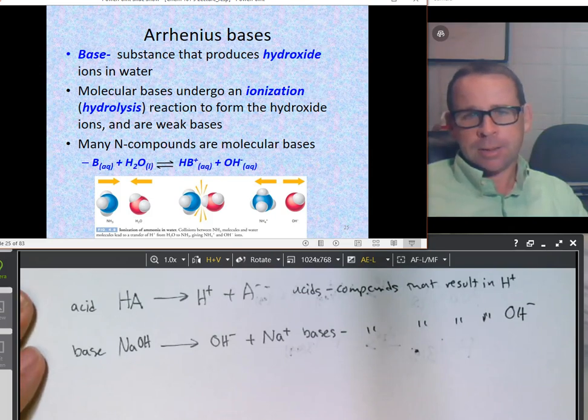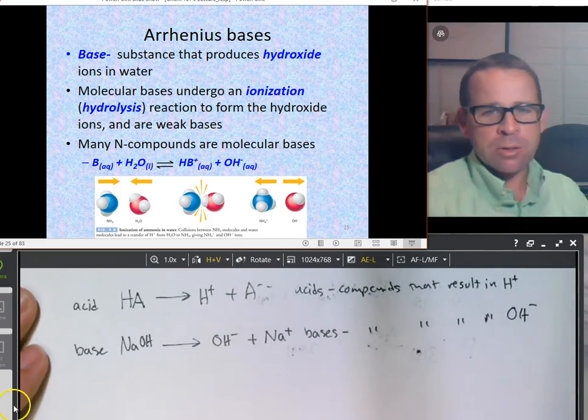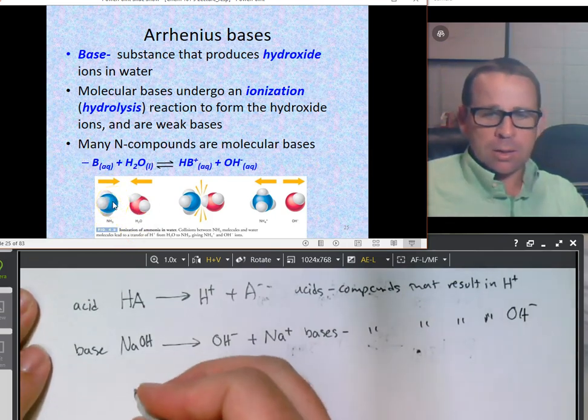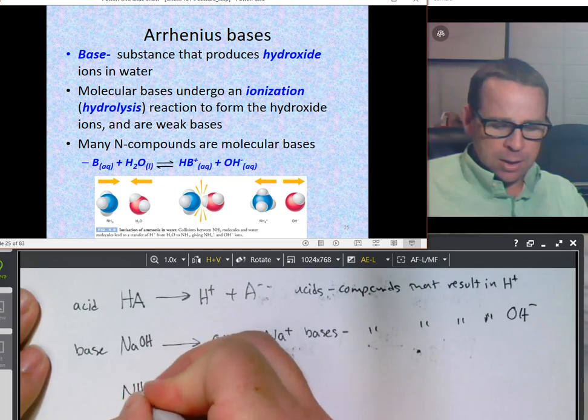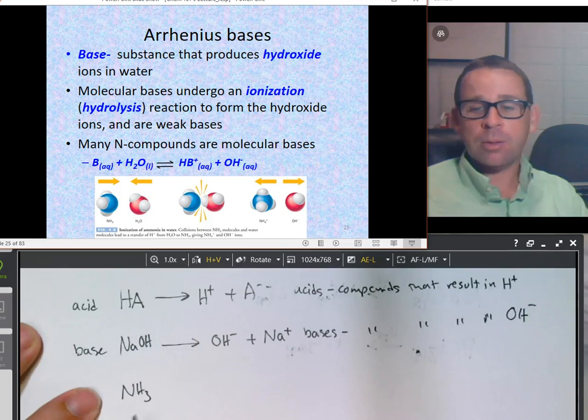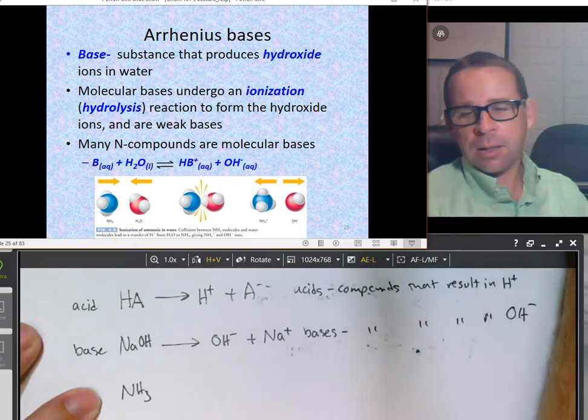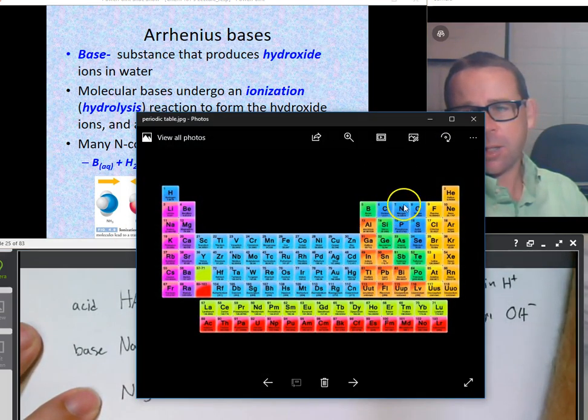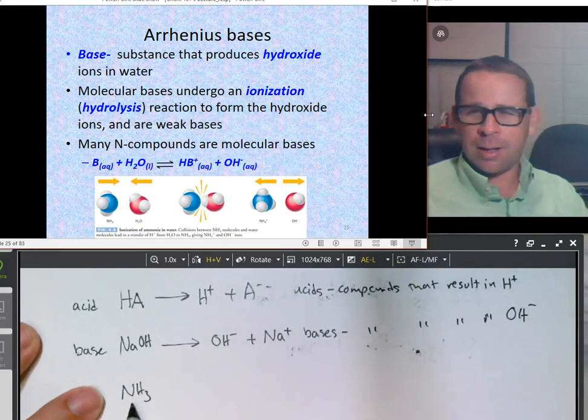Okay? Now, on the slide here, there's an interesting example of a base, right? It's NH3. Now if you look at our periodic table, we see that this is a molecular compound, nitrogen and hydrogen. So it's not going to ionize.